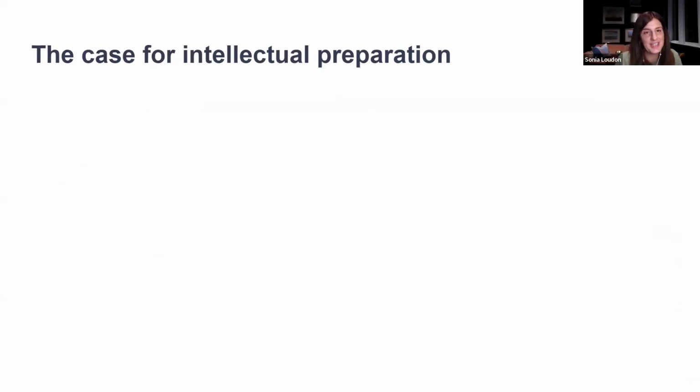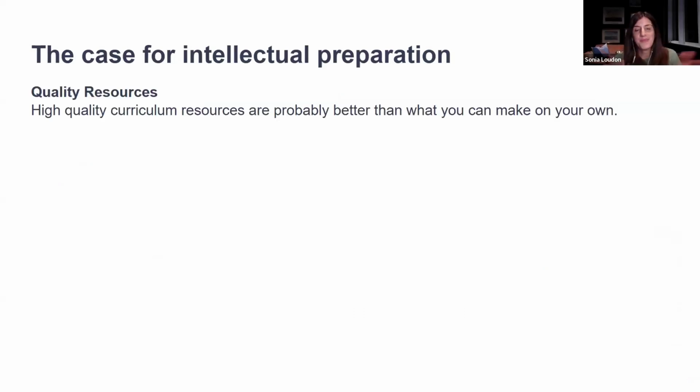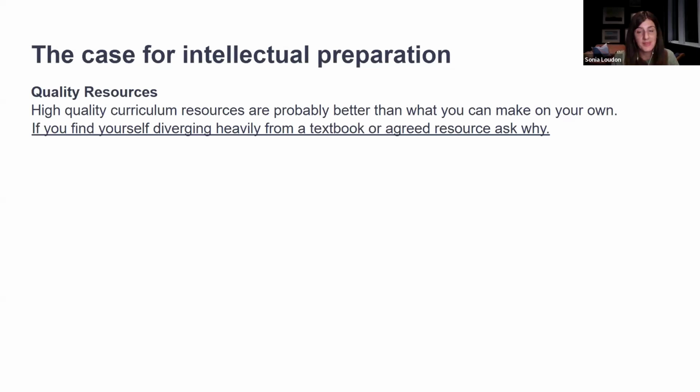So let's look at the case for intellectual preparation. In the end, high quality curriculum resources are probably better than what you can make on your own. The evidence tells us that high quality curriculum resources can have a really measurable impact on student outcomes.